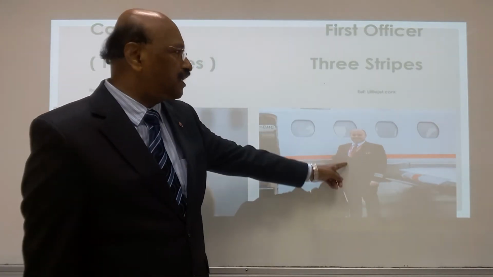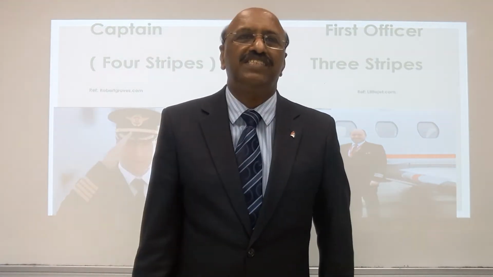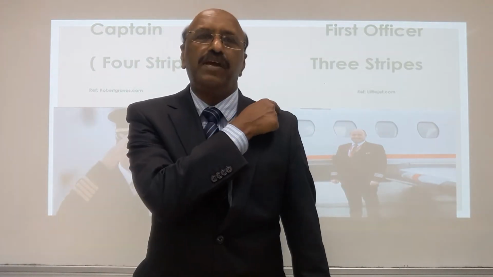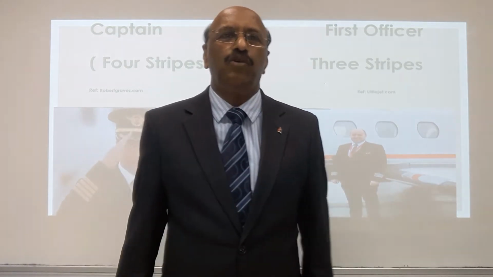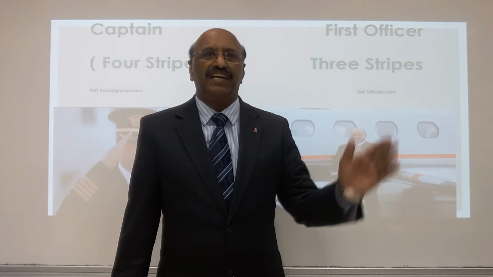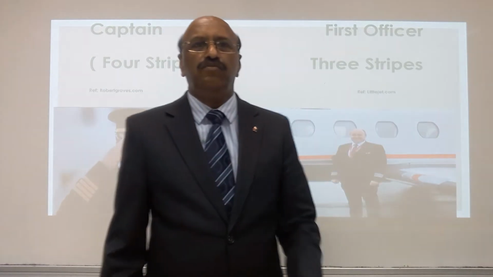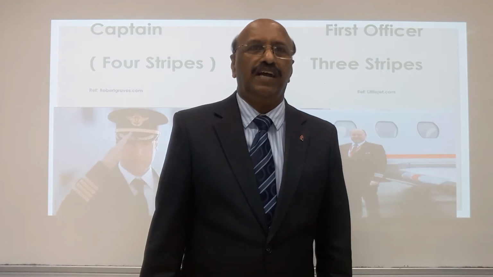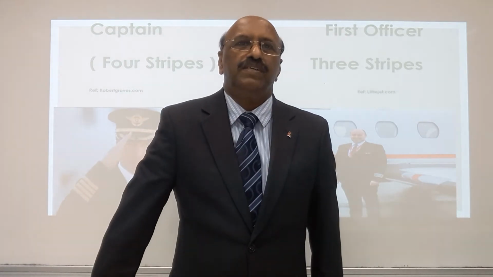And the first officer will have 3 stripes on his sleeves and 3 braids on his shoulders. So this is how you identify the captain from the first officer. The captain with 4 stripes and the first officer with 3 stripes.